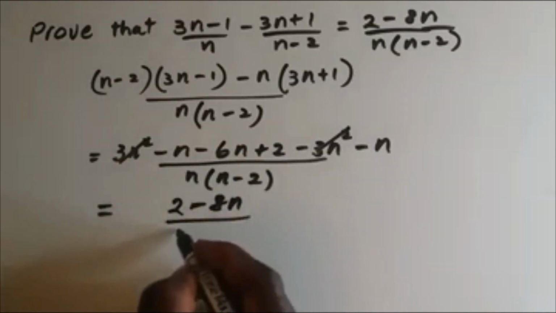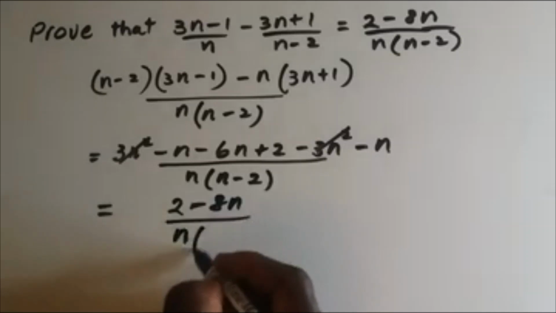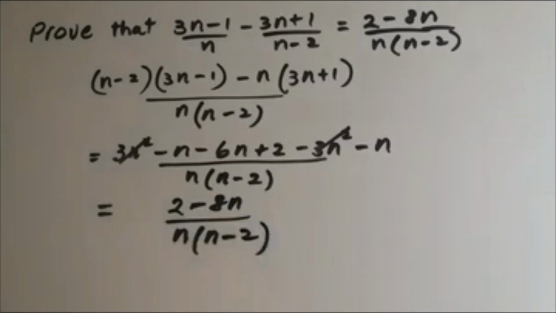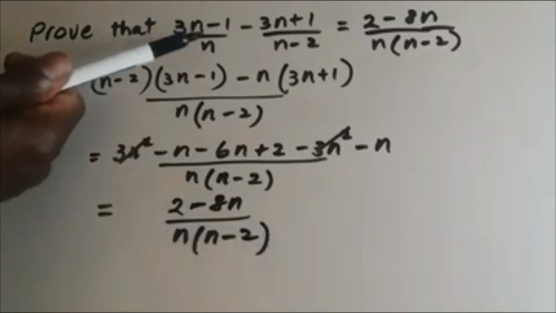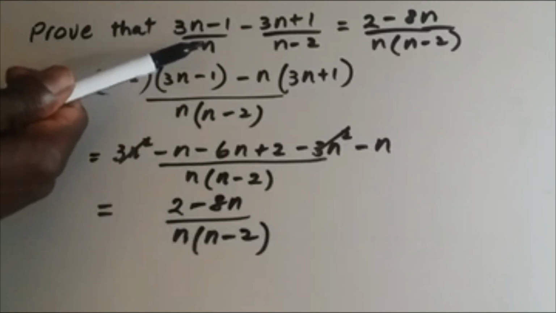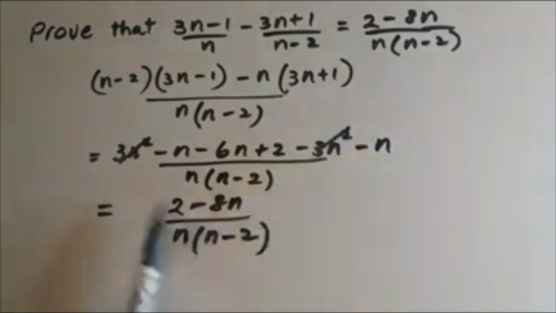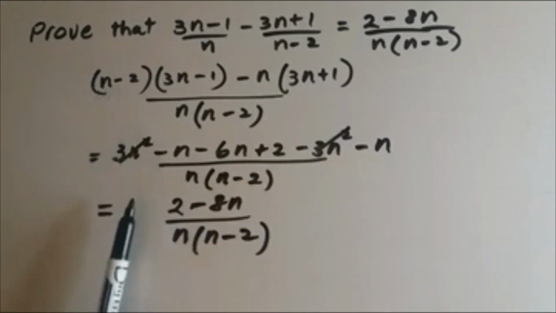Our denominator remains the same, n into n minus 2. And this proves that the left hand side is equal to the right hand side, because we've gone through algebraic manipulation and arrived at what we have on the right hand side. And that's how you prove this algebraic equation.